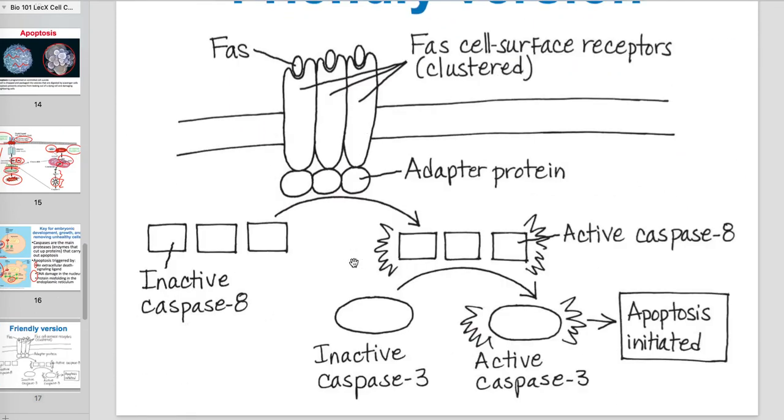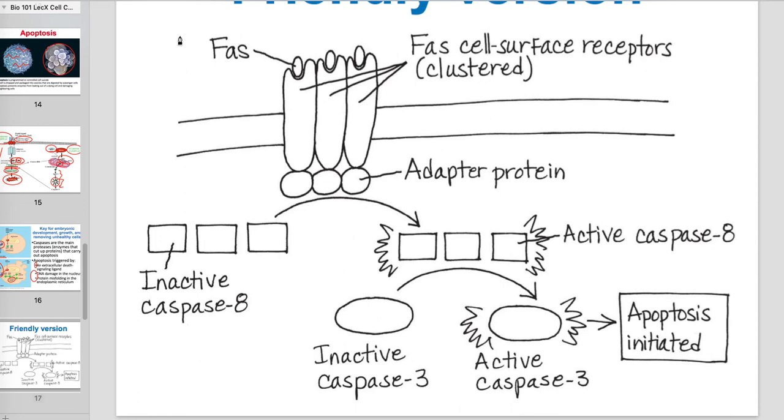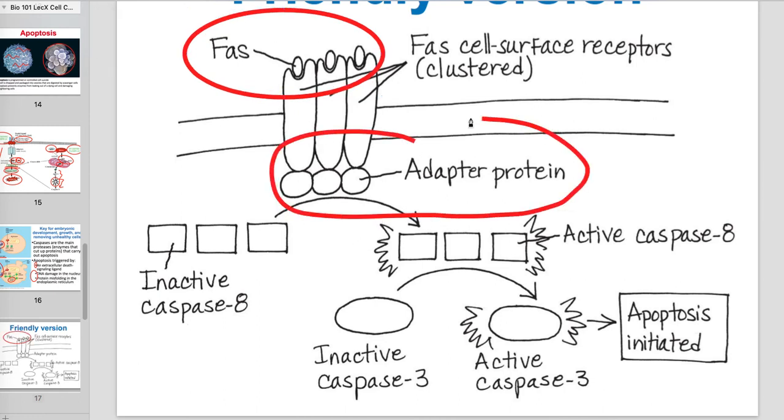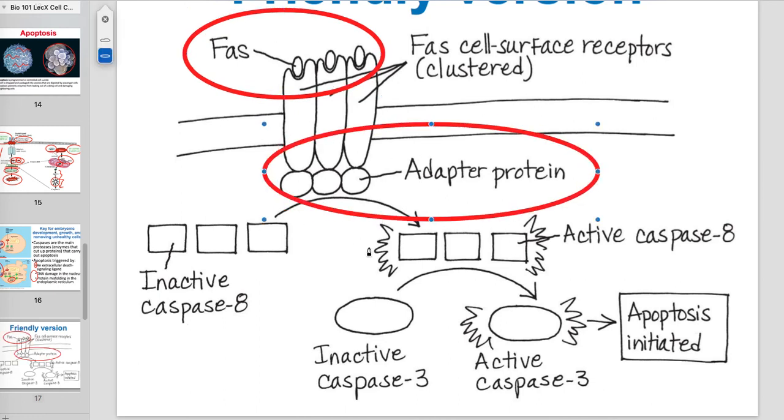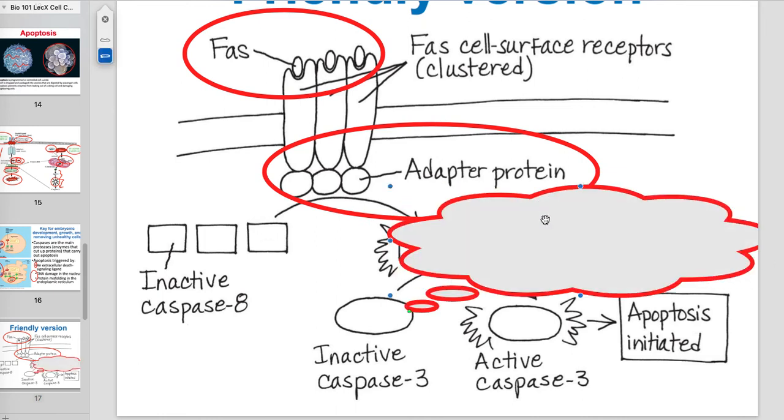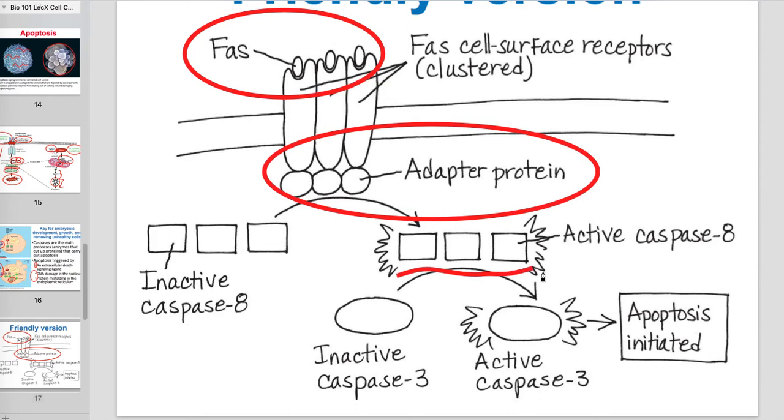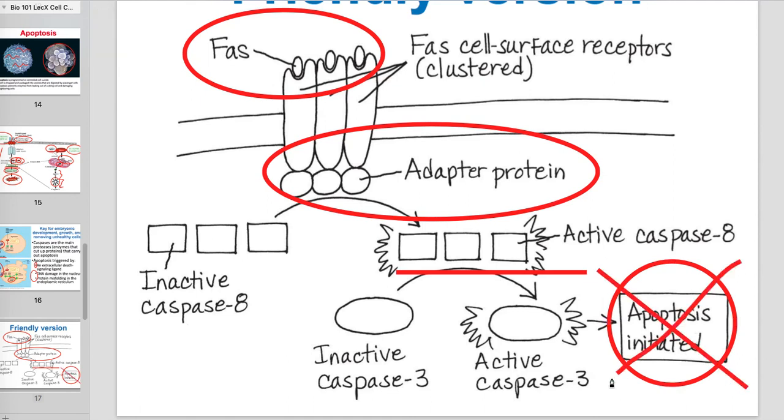So this is a good little version, kind of discusses what we looked at here. So this is reception. This is the adaptation, or the adapter protein that's going to lead to cascade. Oh boy. This cascade is going to lead to more active genes like this caspase, and that's going to cause a physiological response, which in this case is apoptosis, and the cell goes down.